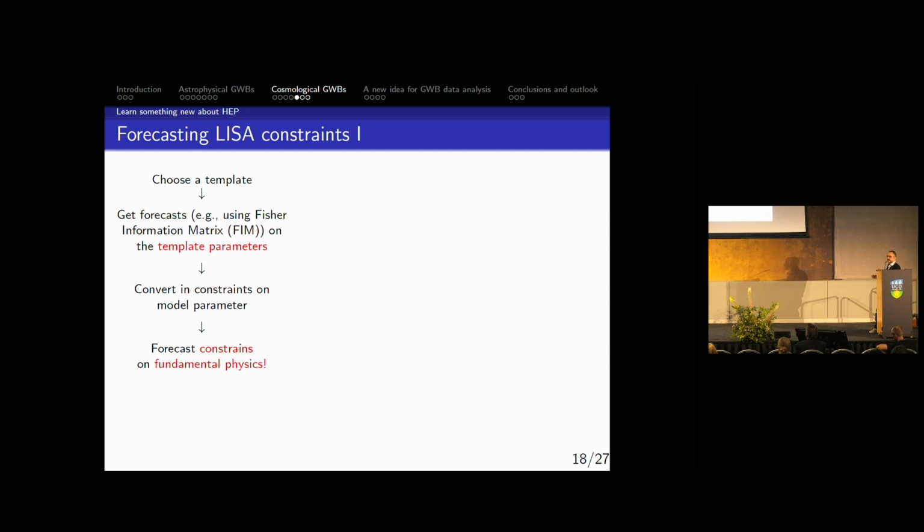Then we used an MCMC or nested sampler, whatever, to test that the results we get with Fisher are sensible with the ones you get with more accurate techniques. And finally, once you have constraints on template parameters, you can map those back onto constraints on physical parameters and check what you can learn about fundamental physics given some signal.